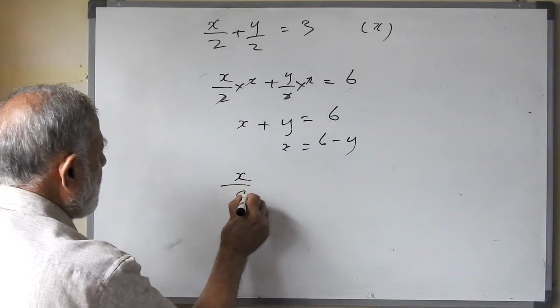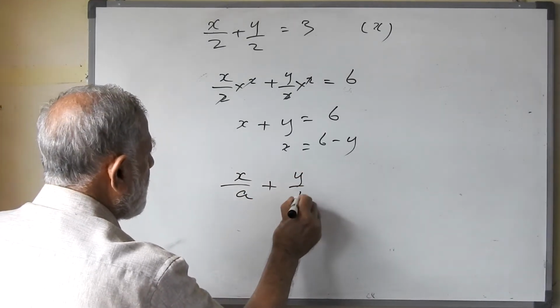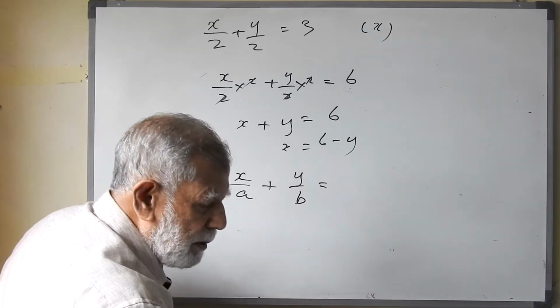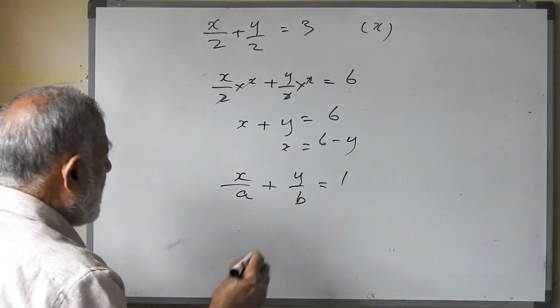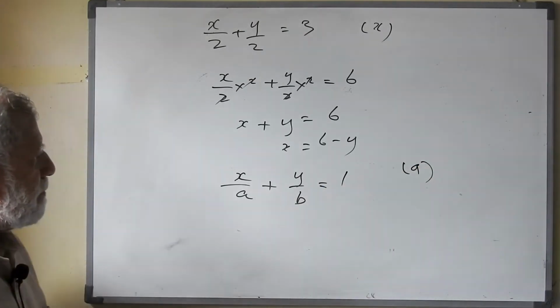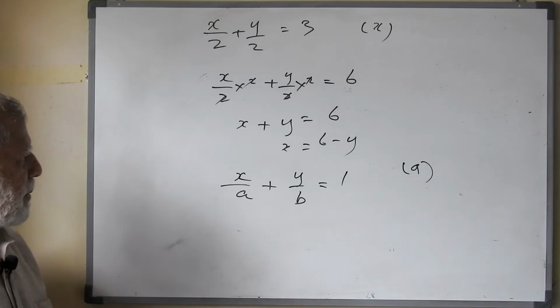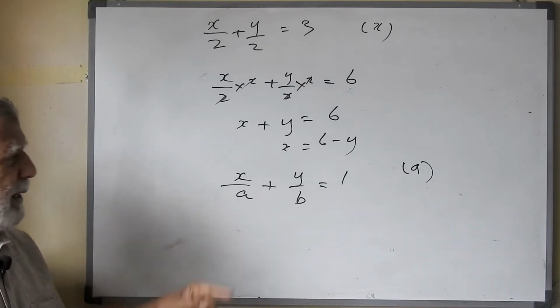We'll take another example. x upon A plus y upon B is equal to 1, and here we have to make A the subject. So here we have LCM AB, so multiply each and every term by AB.